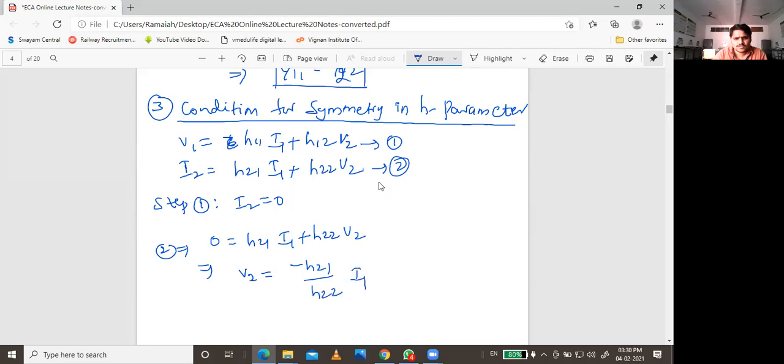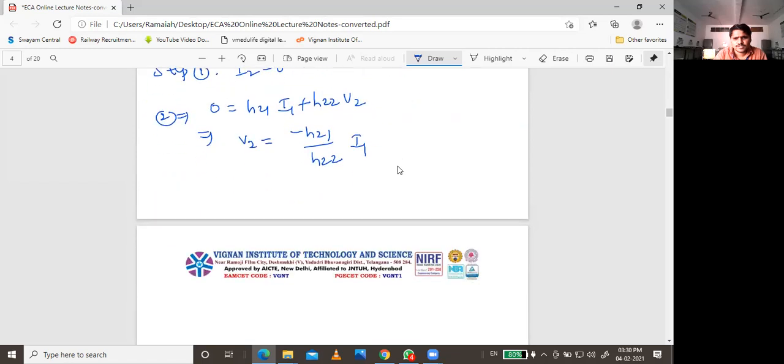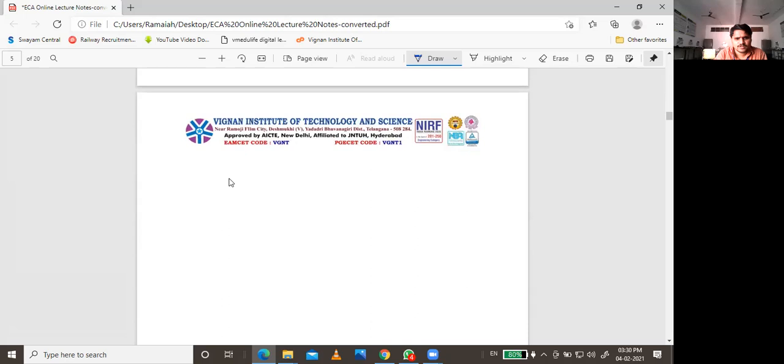Now substitute this value, substitute 3 in 1. Okay, so what do we get? What is the one equation? V1 equal to H11 I1 plus H12 V2. What is V2 here?